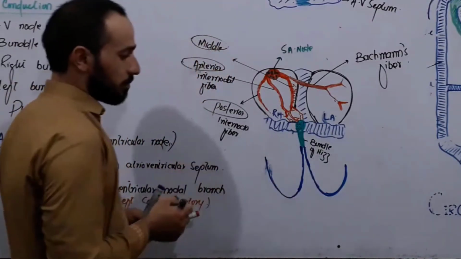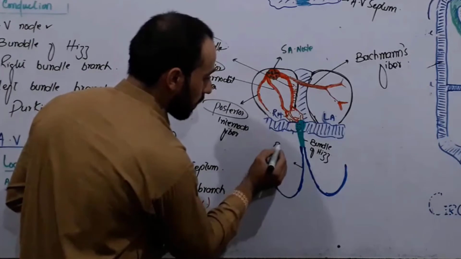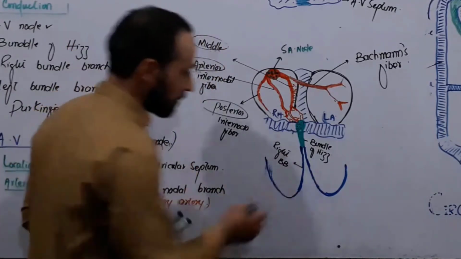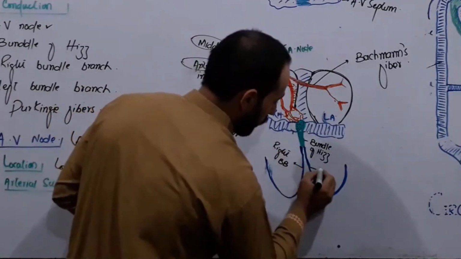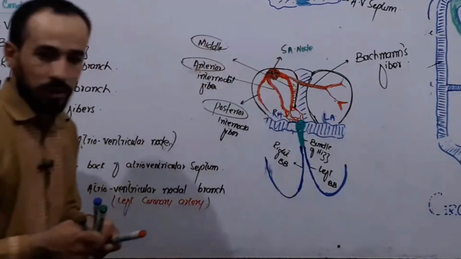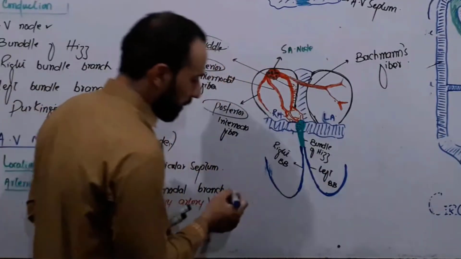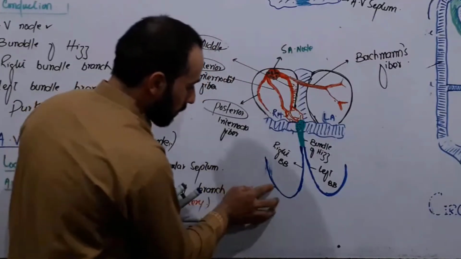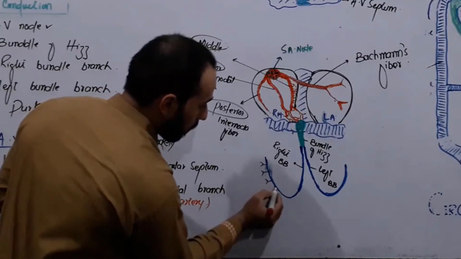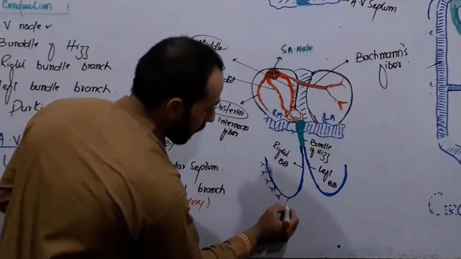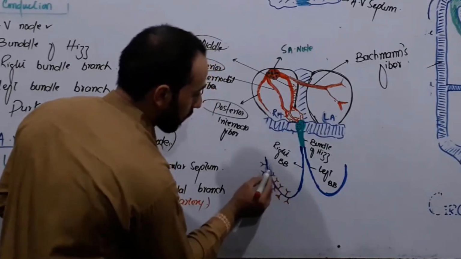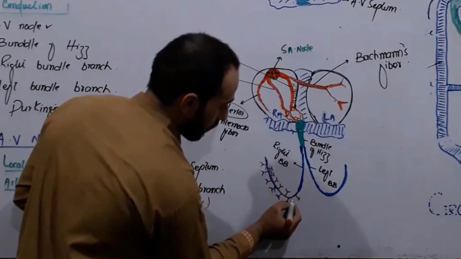As this one is present on the right side, it is the right bundle branch, and this one is present on the left side, so it is called the left bundle branch. From these right and left bundle branches, small branches come out and spread on the walls of the ventricles. These small branches are called the Purkinje fibers.